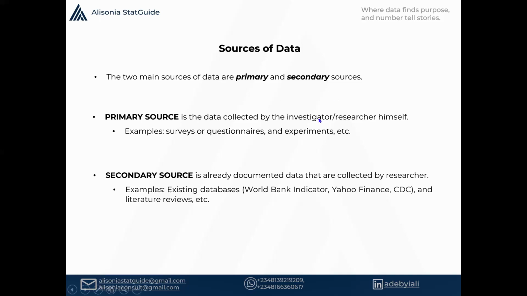It is mostly done using surveys, questionnaires, or experiments. So a medical student performing an experiment in a laboratory is collecting his or her own data for his or her research.